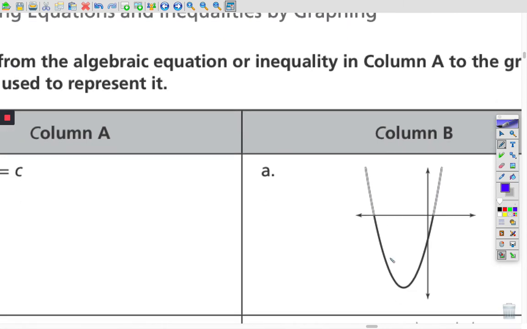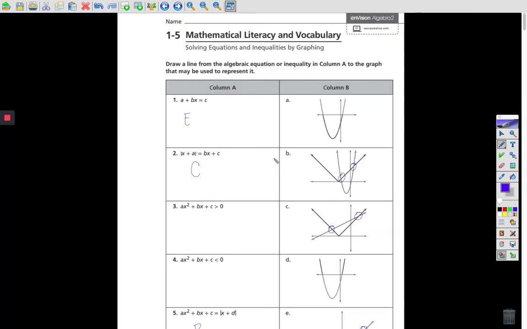So for number 3, they want to know whether it's A or D, which one has values above the x-axis that are shaded. A. And the values below the x-axis that are shaded would be D. That's what I gathered from it.